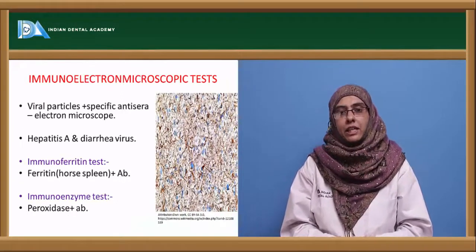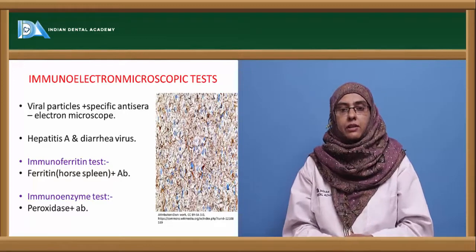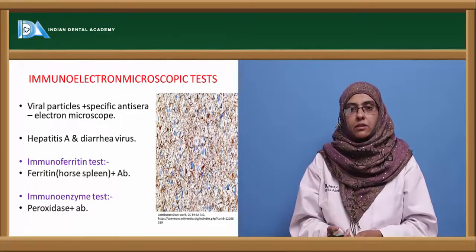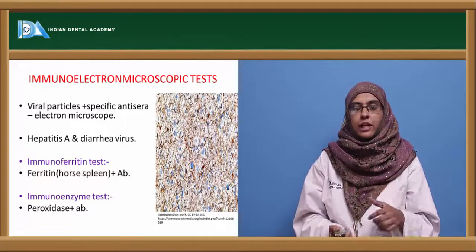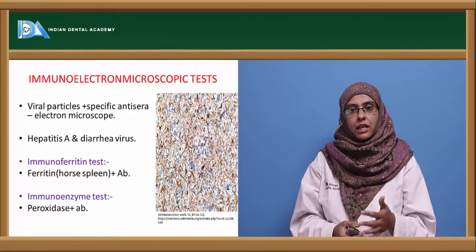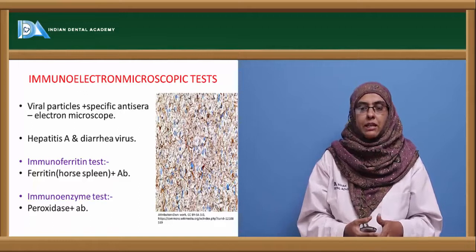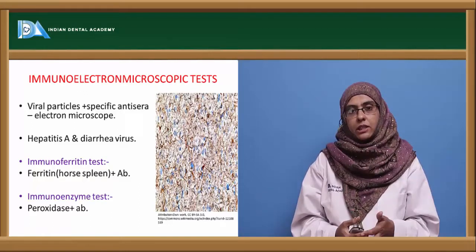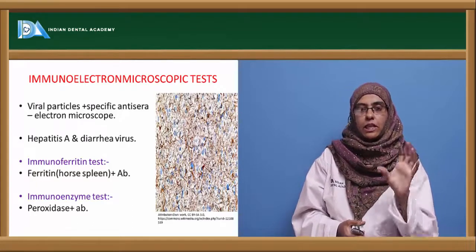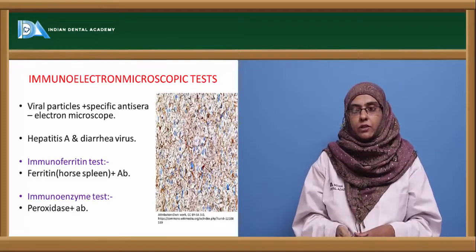Next serological reaction is the use of electron microscopy and the conjugation with the immunoassays. Here the assay is usually done to identify the virus particle or a specific sera under the electron microscopy. Mostly used to identify hepatitis A and the diarrhea virus, and the logic behind using this is that the antigen and the antibody are mixed and they form a conjugate that can be seen under the electron microscopy.